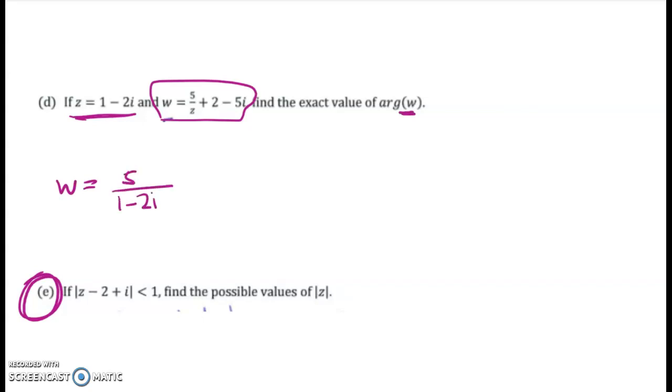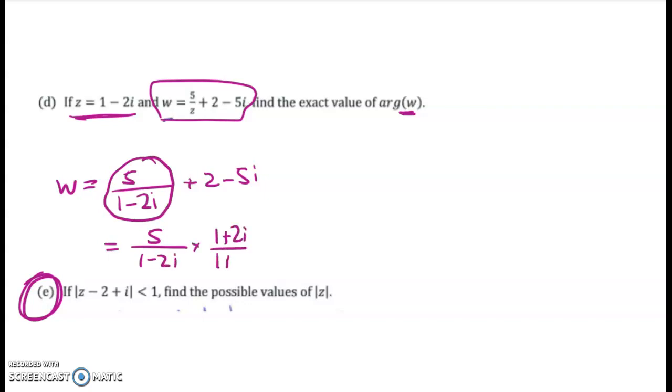So W is equal to 5 over 1 minus 2i plus 2 minus 5i. So here, I'm just going to clean this up before I do anything. So we're going to have 5 over 1 minus 2i times 1 plus 2i over 1 plus 2i plus 2 minus 5i.